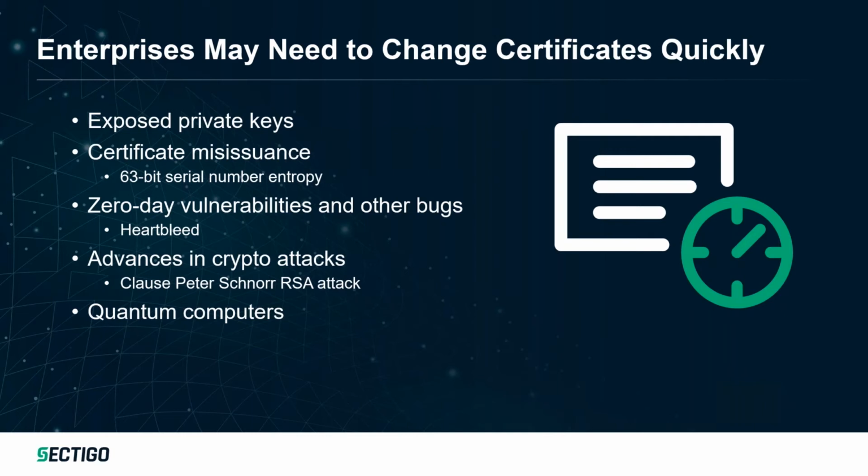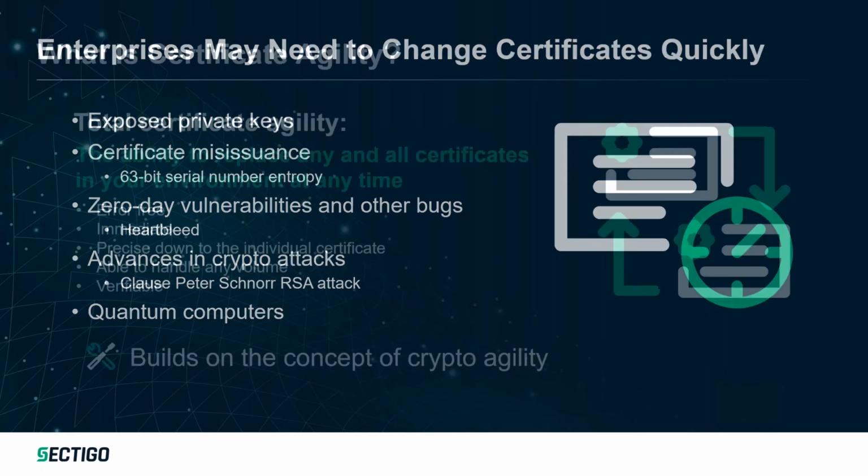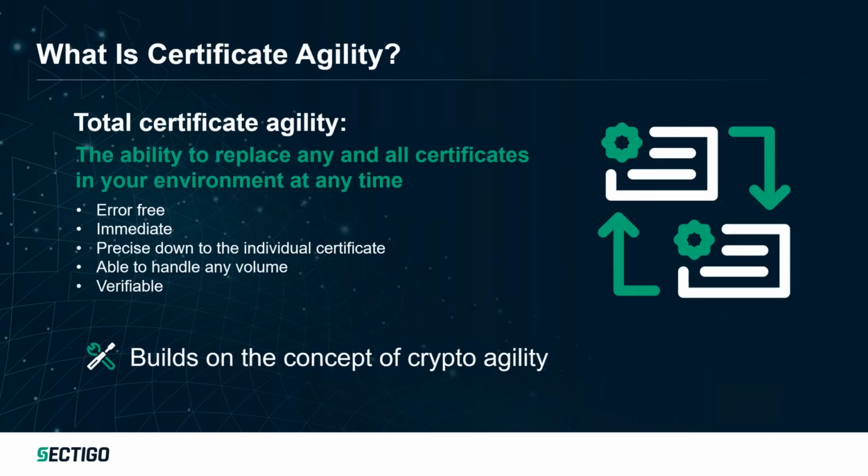So when you put all of these things together, what this states is that today's enterprise really needs to engage in something called certificate agility. And certificate agility is kind of taking the concept of crypto agility and applying it to your certificates. So crypto agility states that cryptography might change at any time, and we have to be able to update our cryptography to make sure that what we have is always current and reliable.